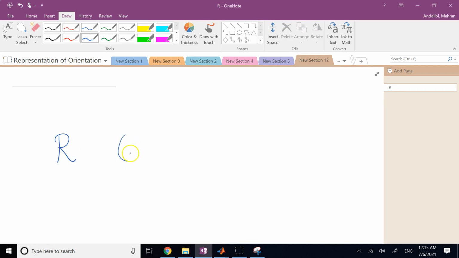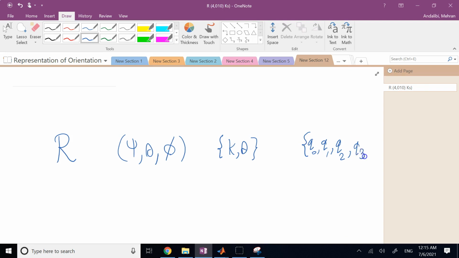What we have is the set of Euler angles. What we have is the axis angle. And what we have are the quaternions, unit quaternion. So these are the 4 different ways that we have seen to show the orientation.